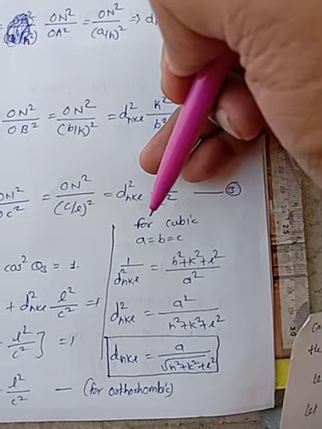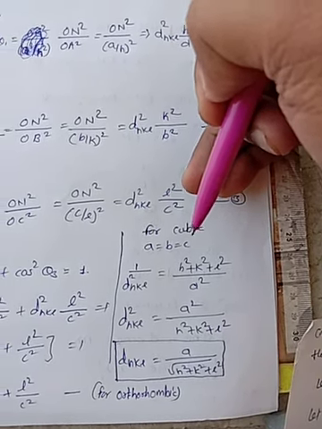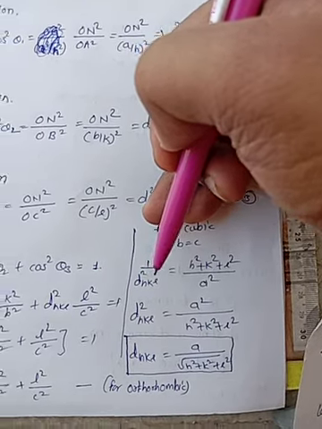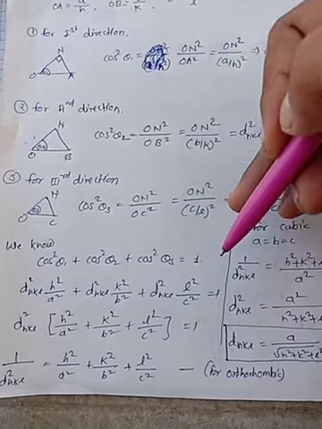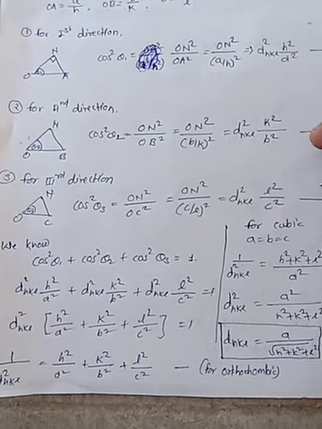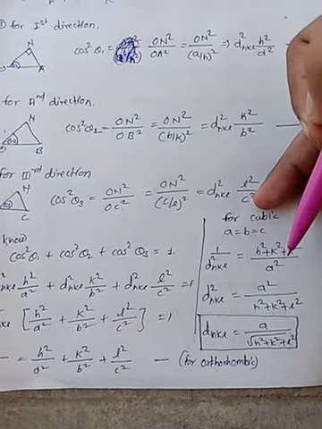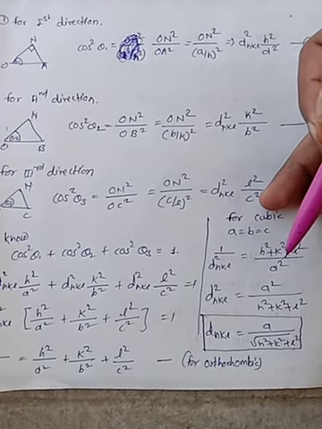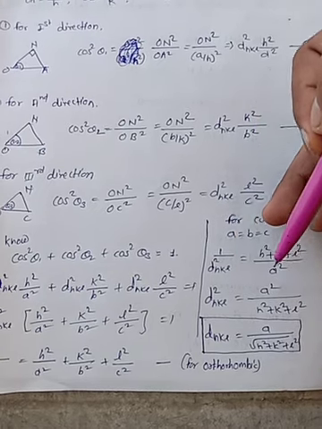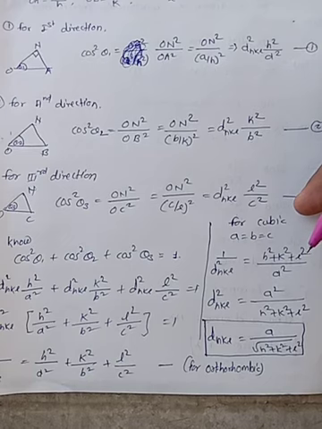As we know, for the cubic crystal system a is equal to b is equal to c, therefore 1 upon d square HKL is equal to h square plus k square plus l square divided by a square. So d square HKL is equal to a square upon h square plus k square plus l square.